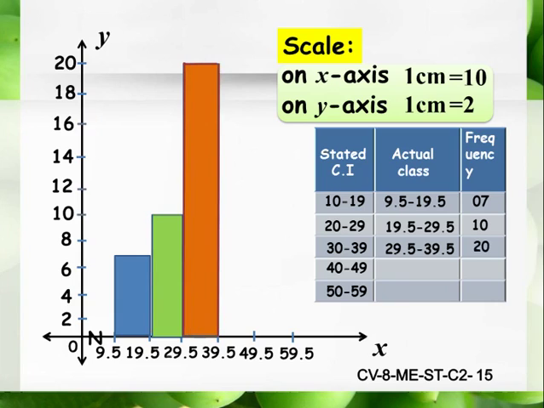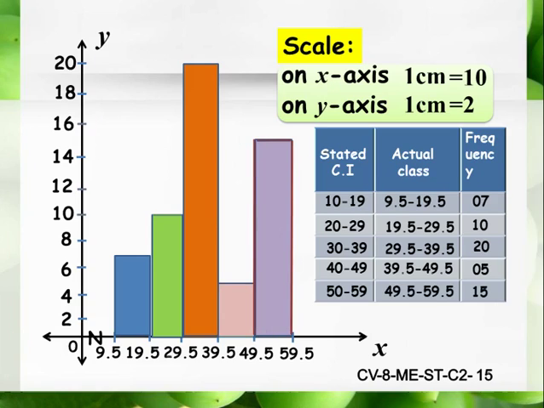Next rectangle, 39.5 to 49.5, we go to the height of 5 units and complete the rectangle. For the next class interval, 49.5 to 59.5, the height will be 15 units. So, this is the histogram that we get for the given data.